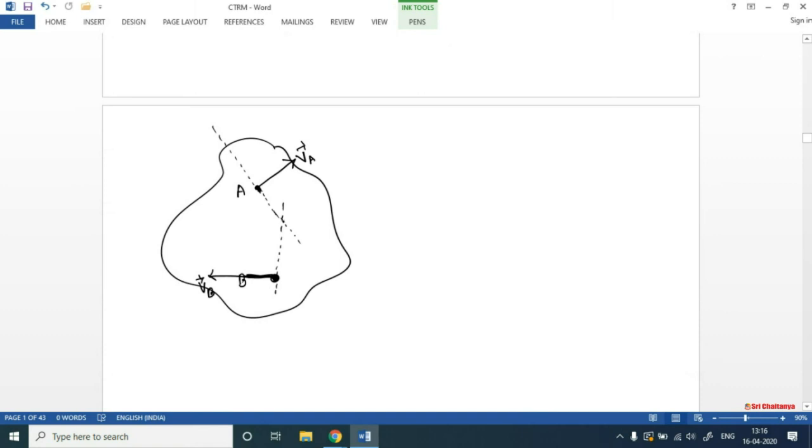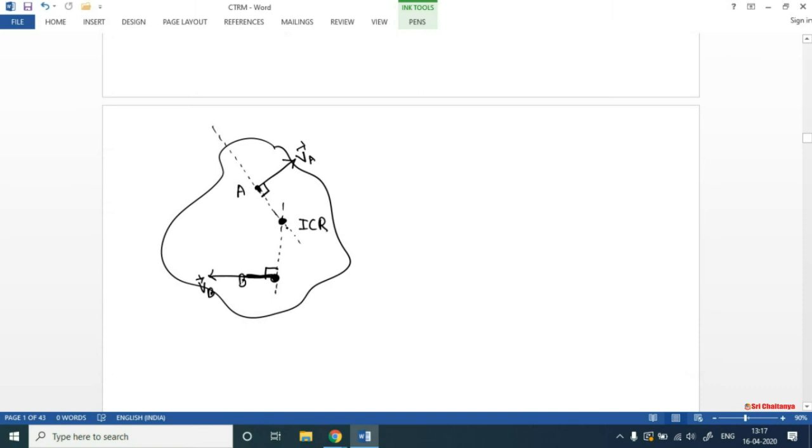So collectively, the instantaneous center of rotation is going to be located at the intersection of these two perpendicular lines. So this is basically the ICR.